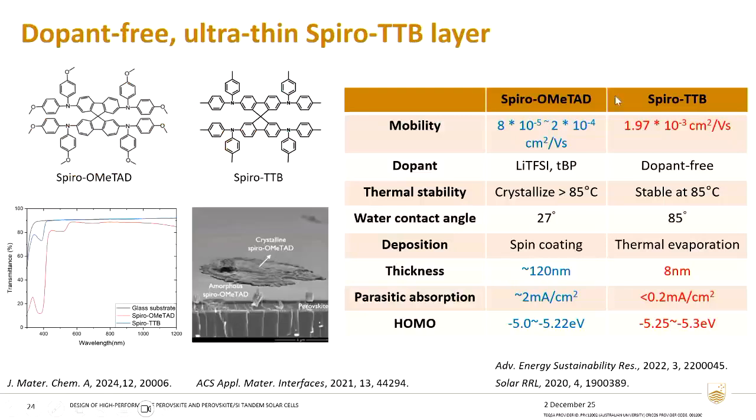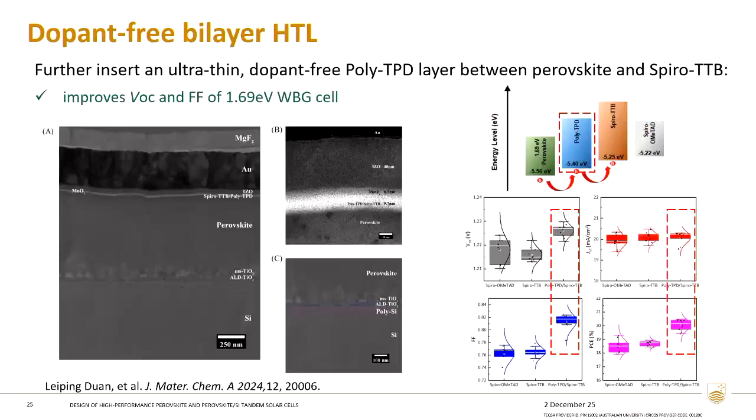As we can see, by developing the vapor deposited spiro-TTB, we were able to achieve less than 10 nanometer spiro-TTB compared to more than 100 nanometer of spiro-OMeTAD, and we reduced the optical losses significantly. Also, because spiro-TTB is dopant-free, the material has potential for higher stability.